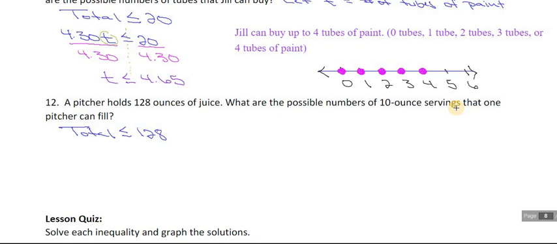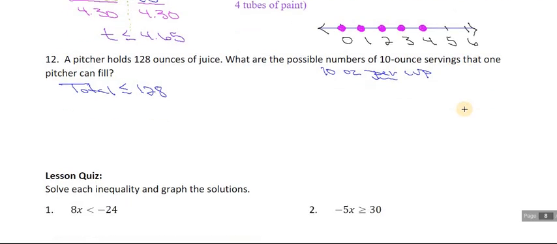So we can fill up cups up to and including 128 ounces. Now, because they're 10-ounce servings, it's 10 ounces per cup. So 10 times the number of cups or servings. So our inequality here will be 10C is less than or equal to 128.